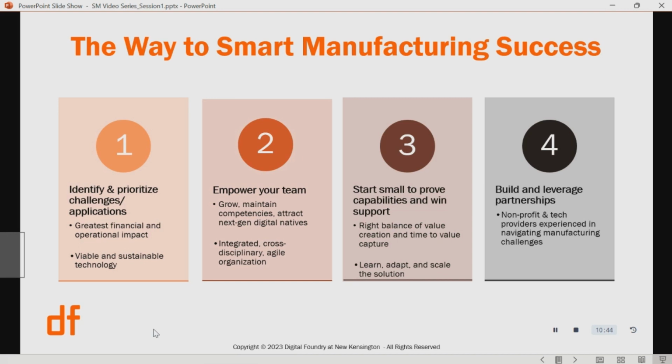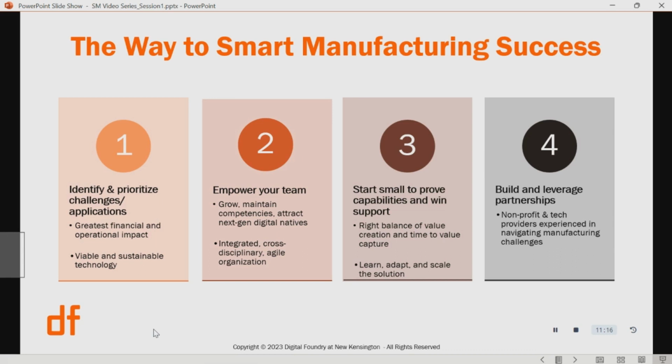Step number 2 is all about empowering your team. If you are going to grow and maintain smart manufacturing, you need to grow and maintain competencies in your staff and your team at all levels in the operation. And it's also going to be very beneficial as you start to implement some of these new technologies in attracting the next generation of your workforce and your team, your talent, that generation who have grown up as digital natives.